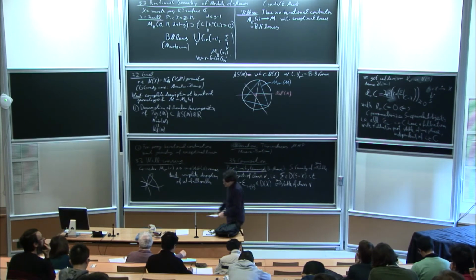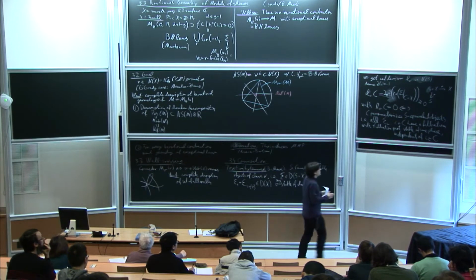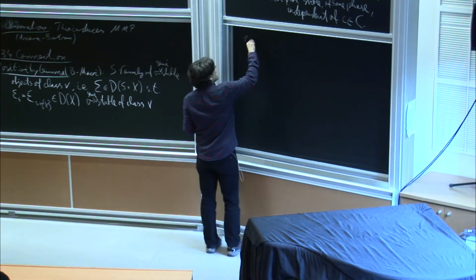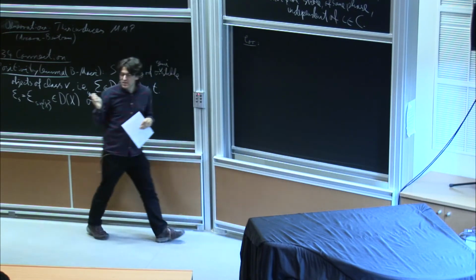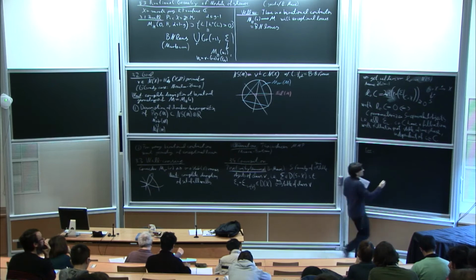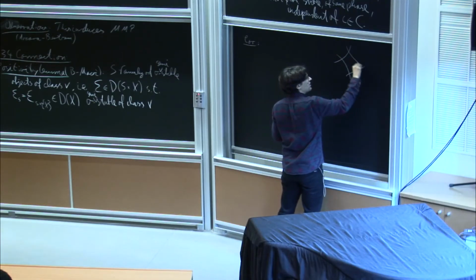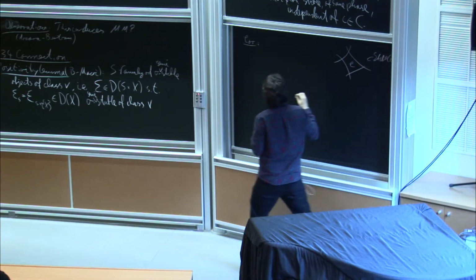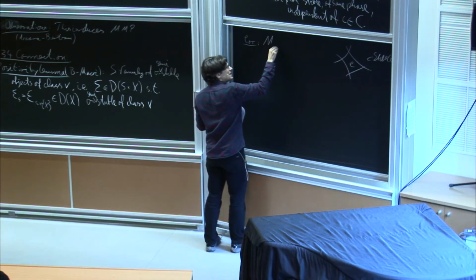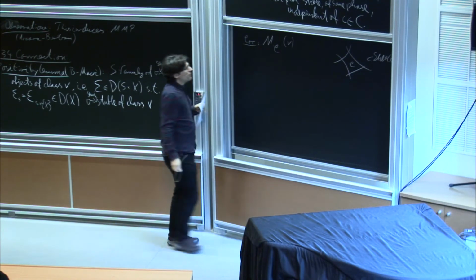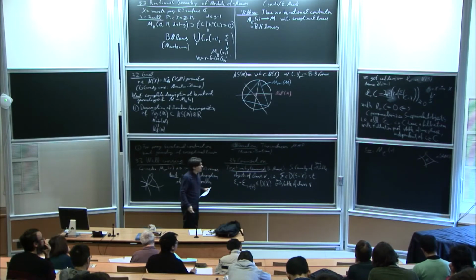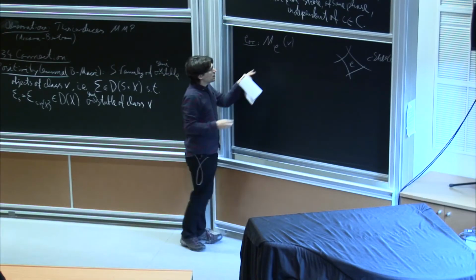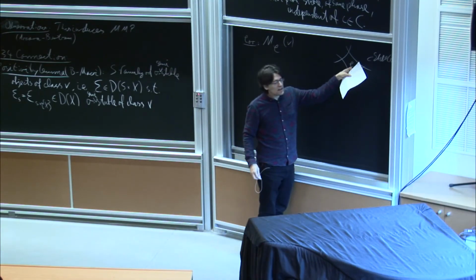Right, so let me again make this corollary more precise. If I have a chamber C in the space of stability conditions, then as I said, the moduli space doesn't vary when I walk around in this chamber. So let me call it just M_C of V. This is a fine moduli space for points in the interior.